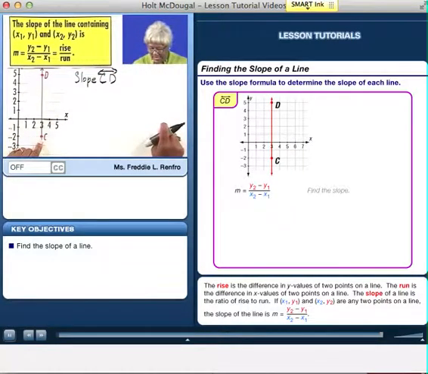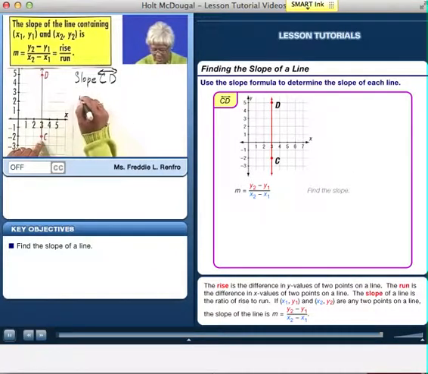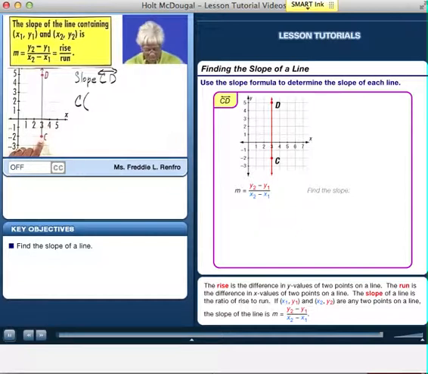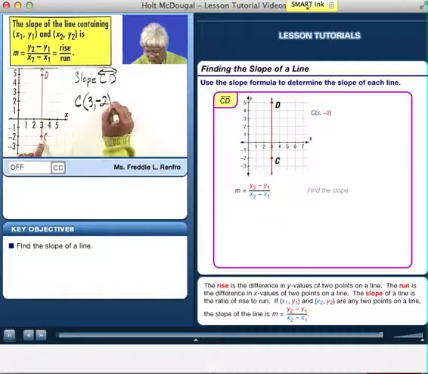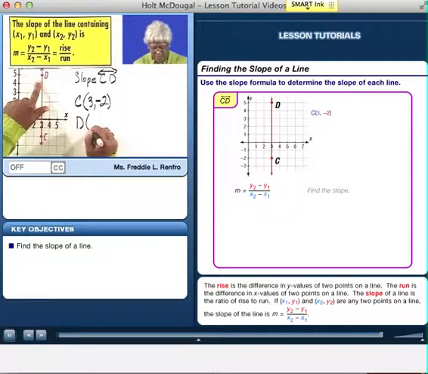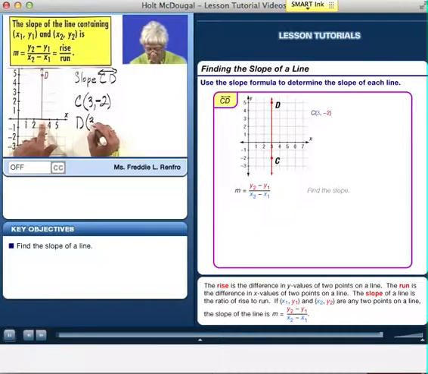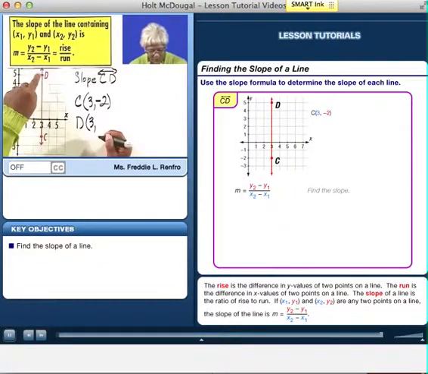For point C, we have 3, down 2, negative 2. And for point D, we have 3 and 1, 2, 3, 4, 5.